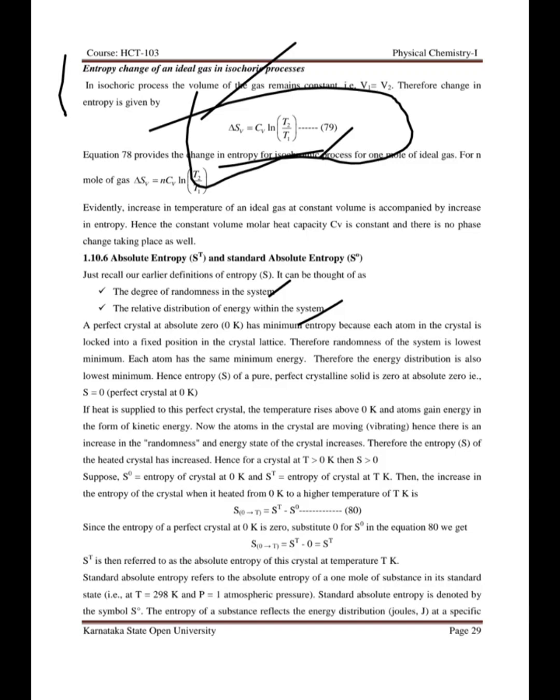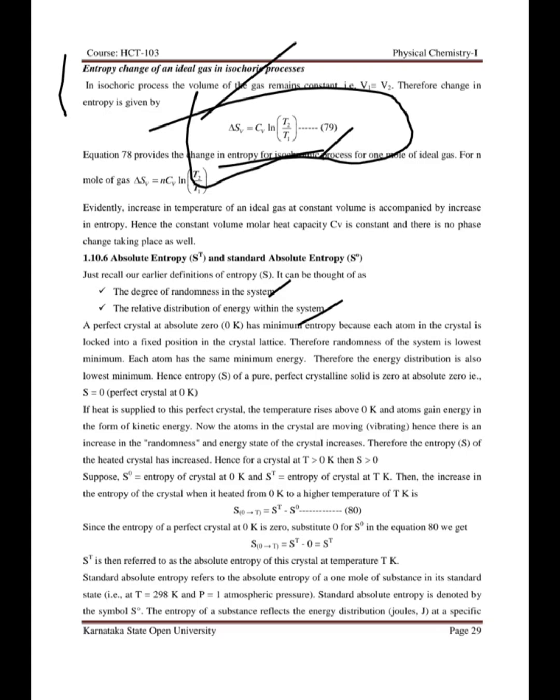So for example, if we take a perfect crystal at absolute 0, it will be at 0 Kelvin with minimum entropy, because each atom in the crystal is locked and fixed in position. When you are not giving any temperature to a system, it will be at 0 Kelvin.